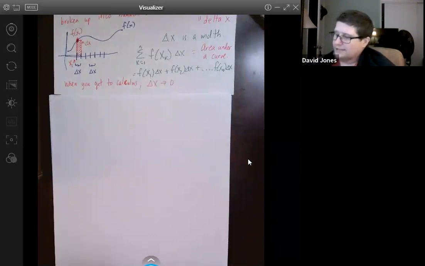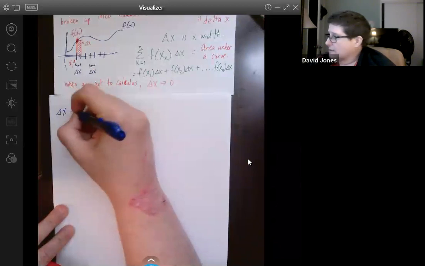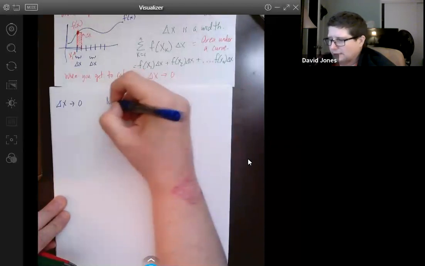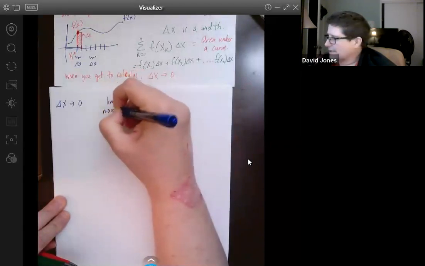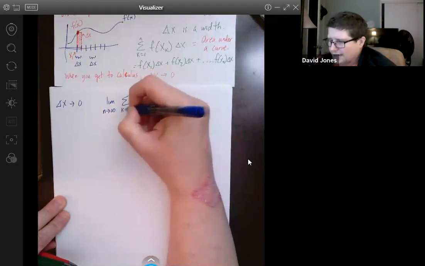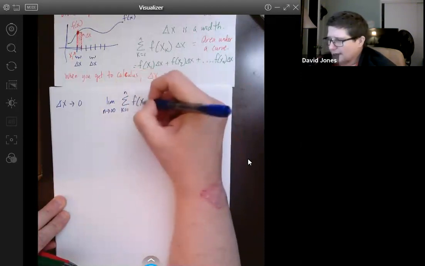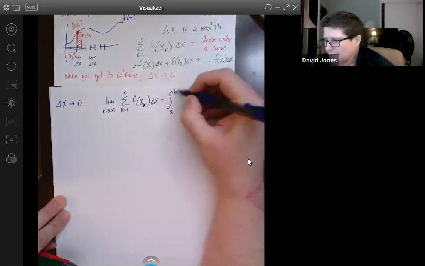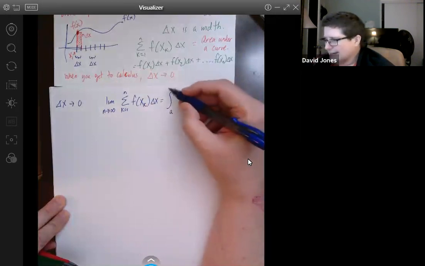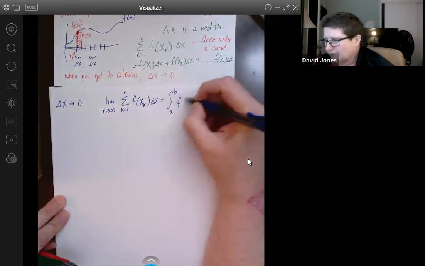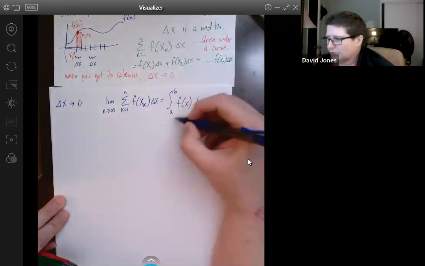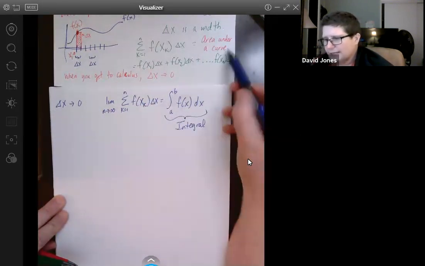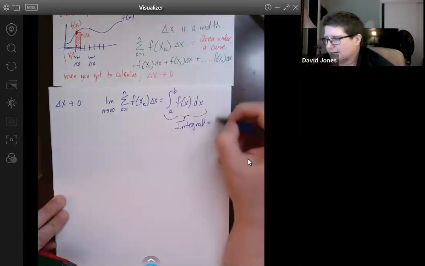So as delta x goes to 0, we're going to have limit as n goes to infinity of the summation of k equals 1 to n of f of x sub k delta x. You're going to see this, a big giant curly looking s that's kind of flattish, f of x dx. This is called an integral. And notice this is just the area under a curve.